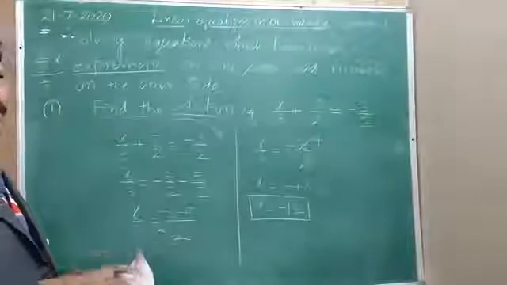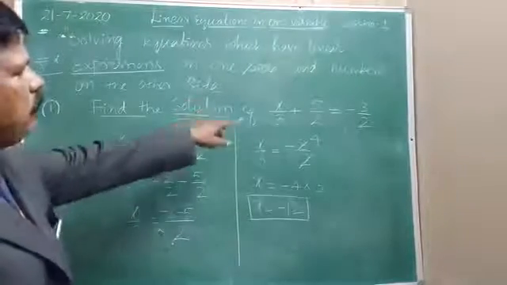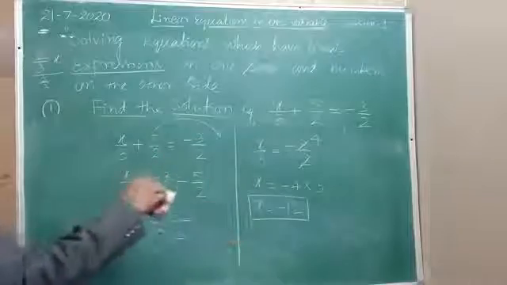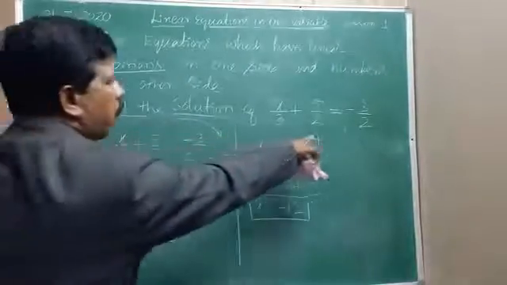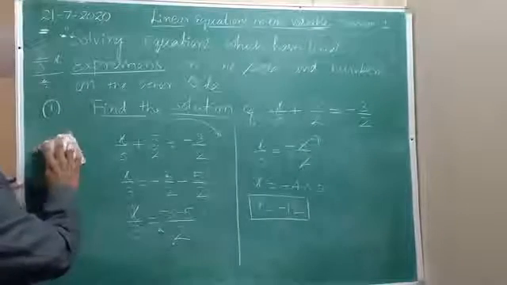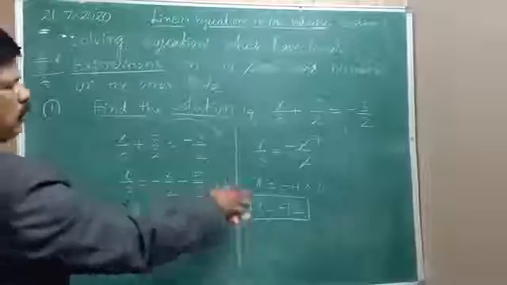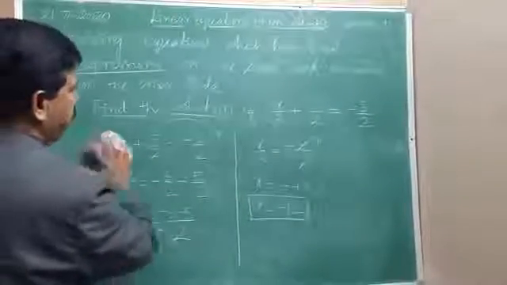That means you are writing the reciprocals. Now I am again doing that because I did the wrong thing by taking a 5 by 3 here. So I am rubbing this. The value of x, that means the solution for this expression, is minus 12.